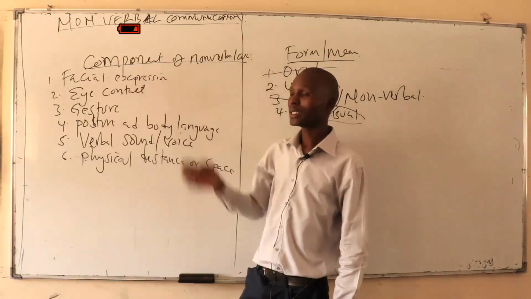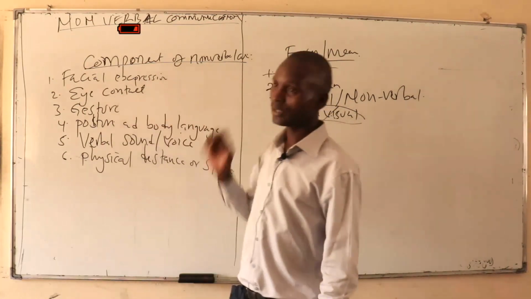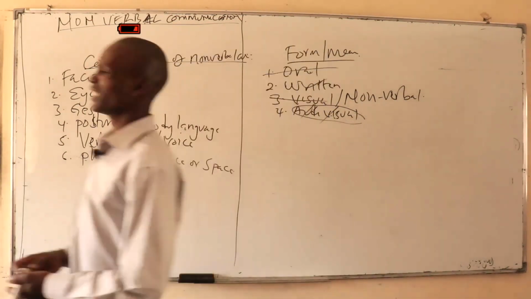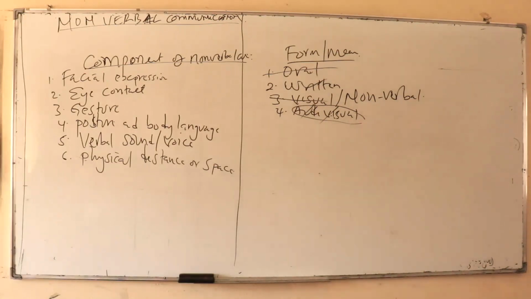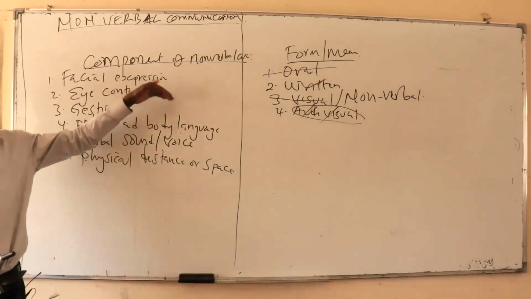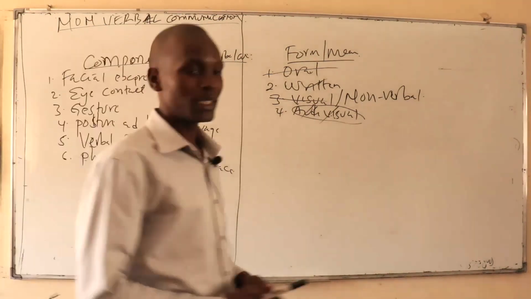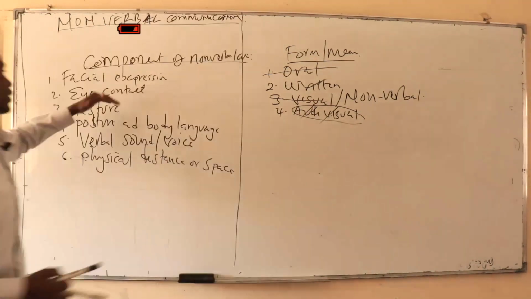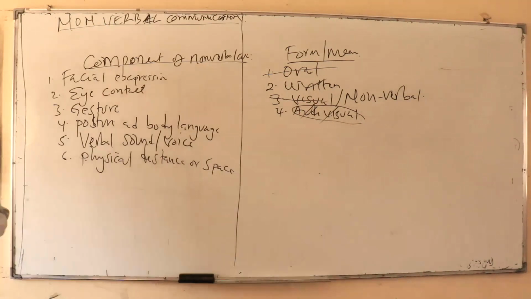Then you also have eye contact, looking at someone until they start to wonder, as if you have something else apart from whatever you need. Maybe you know something about him, or you have something that is different from what you want.